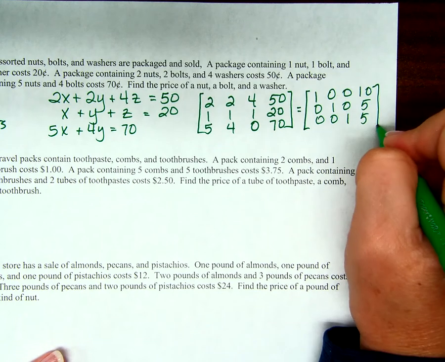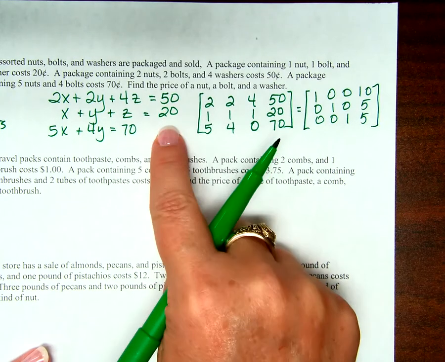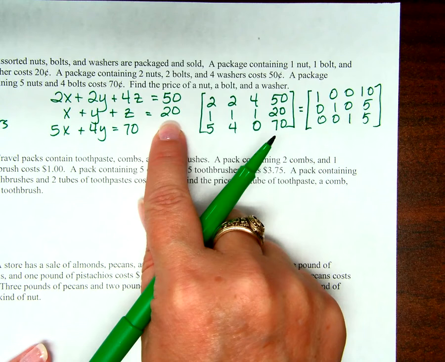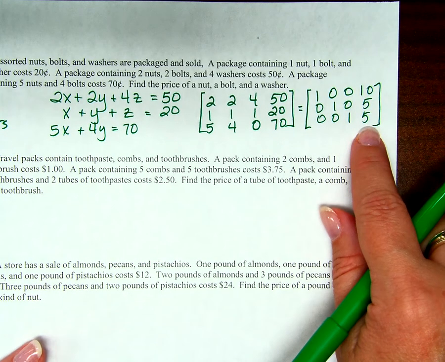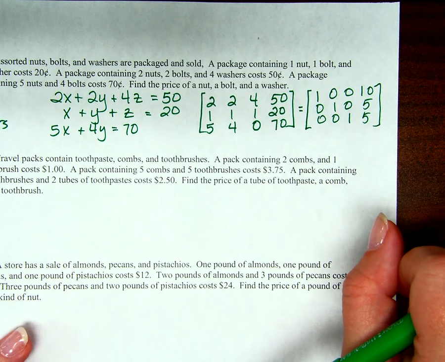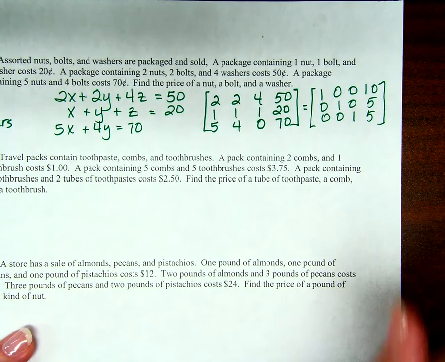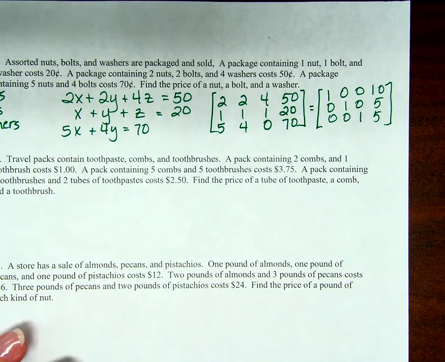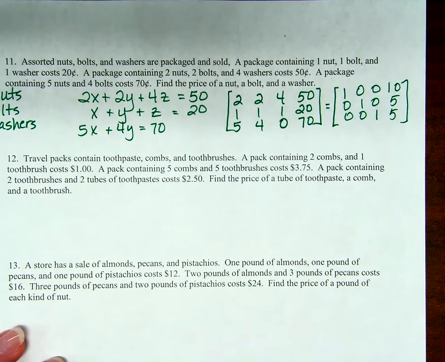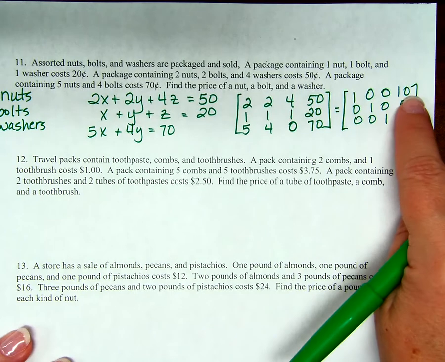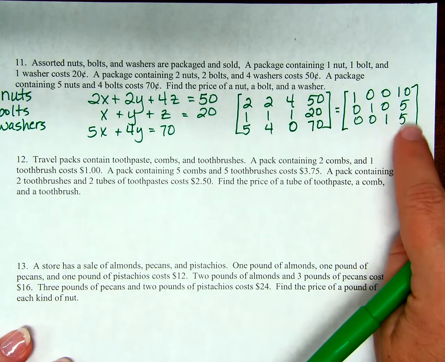Okay. Now we have to remember that we put in these as whole numbers and not decimals. So we need to interpret this answer that we get out. So what is our answer? Oh, so it's 10 cents and 5 cents and 5 cents?